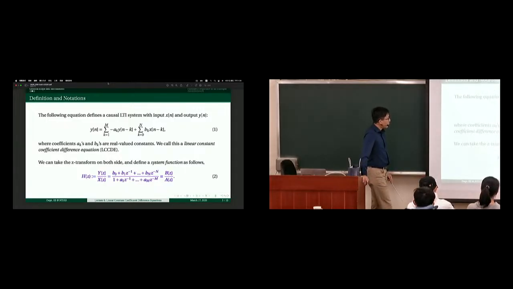So our task is first to realize that this equation gives you a linear and time invariant system.